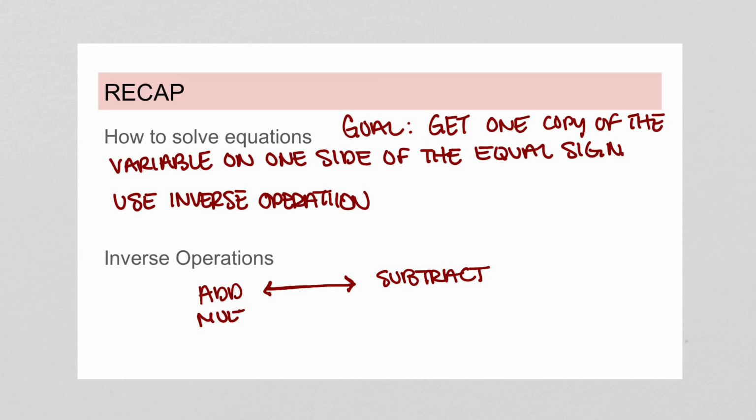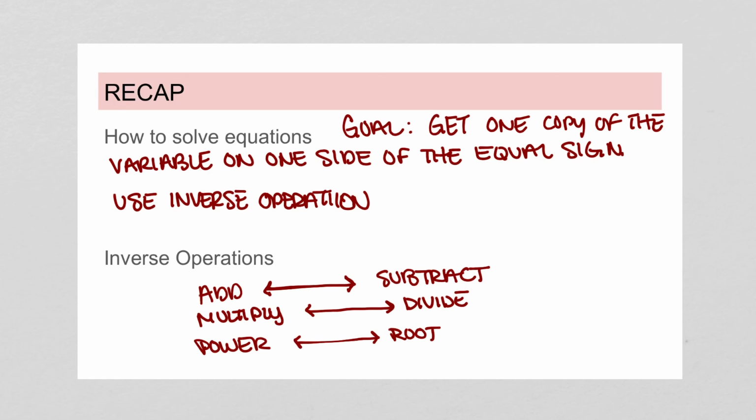If we're going to multiply, that tells us to divide. The inverse of divide is to multiply. And if we're going to take something to a power, the inverse of that is to find its root.